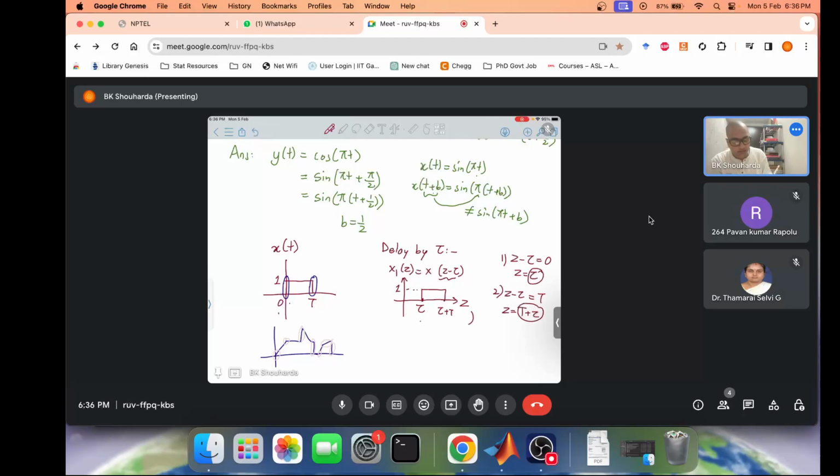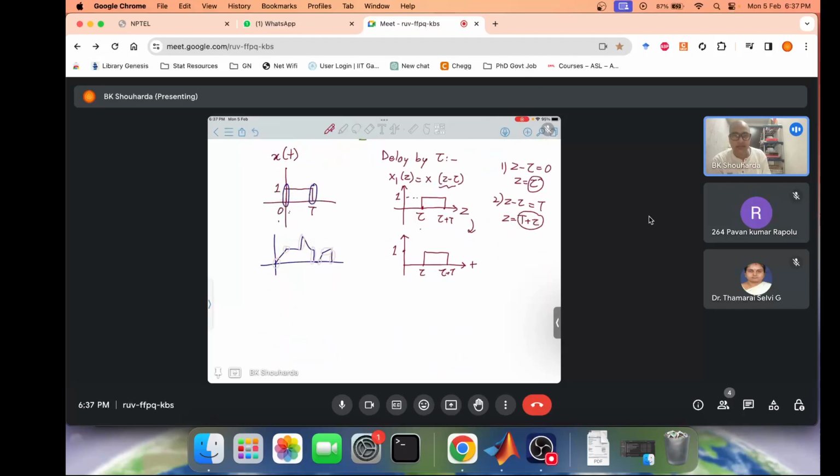and once we have the z, you can back substitute it by t, tau plus t. So you see the signal which started from zero is now starting from tau. Okay, it is called delaying, and this can actually be an explicit property of real life systems.